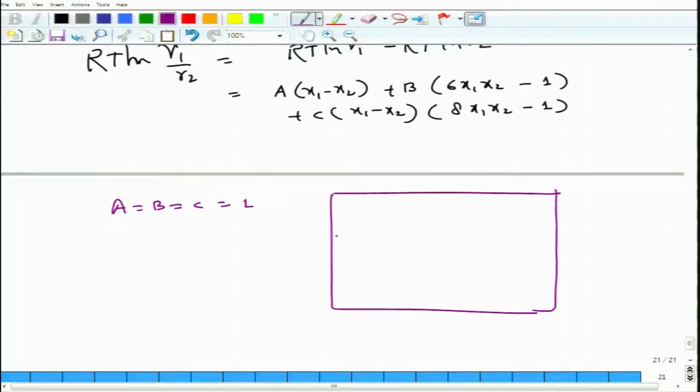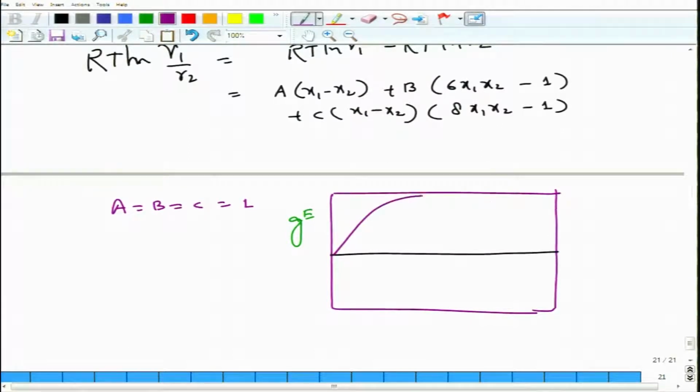So this is, let us say, 0, and you have x, one of the variables. I am just going to draw it for the case of A, B, C equal to 1.